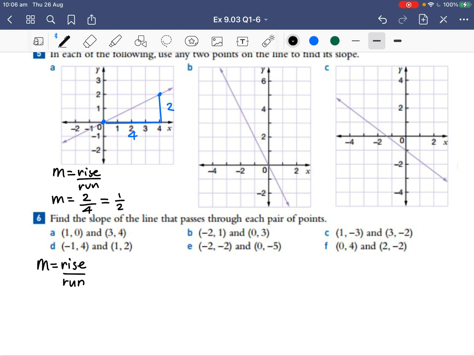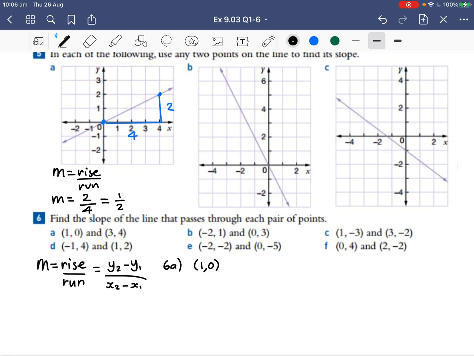We're still using our formula M equals rise over run. However, we don't have a grid to draw it on. So our rise is our difference in our y values, so we're going to use our y2 value minus our y1 value, over our run, which is our difference in our x values, so our x2 value minus our x1 value.